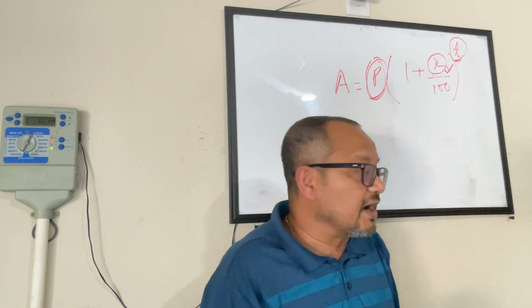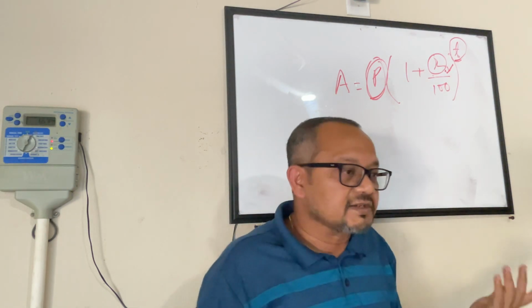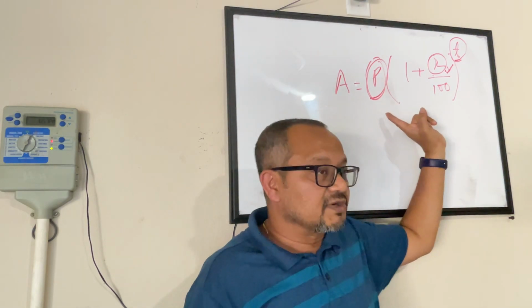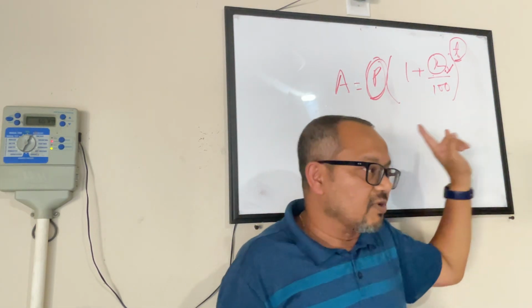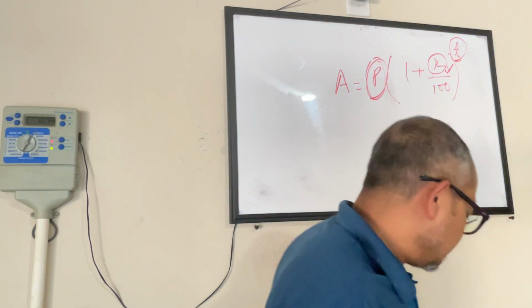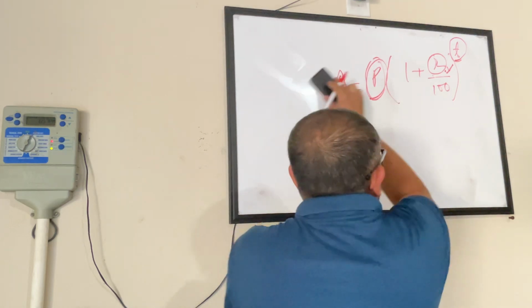Now let's look at another example. So here, when you look at this kind of equation, you know how to solve it. What I'm saying is, this is a classic example of an exponential function, or exponential equation rather.